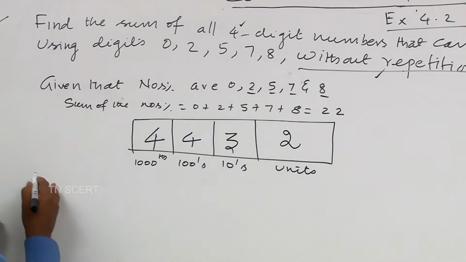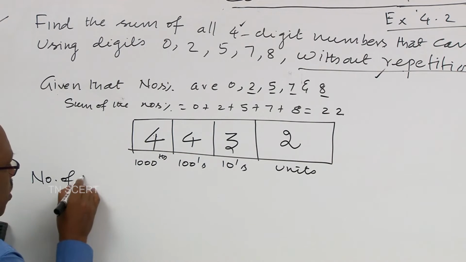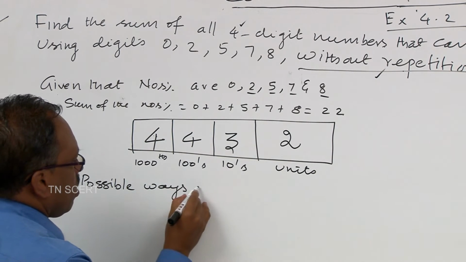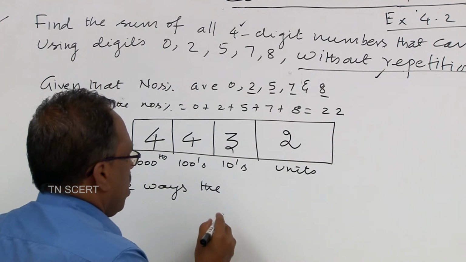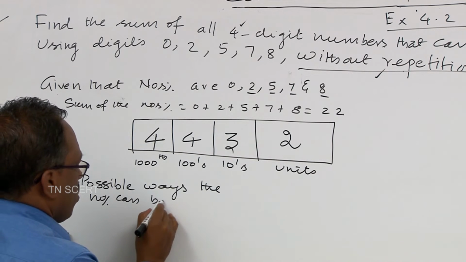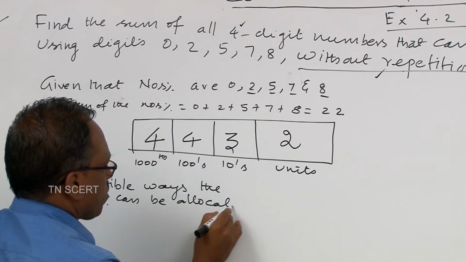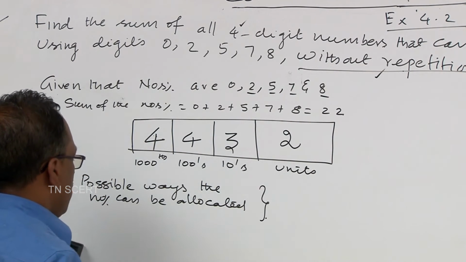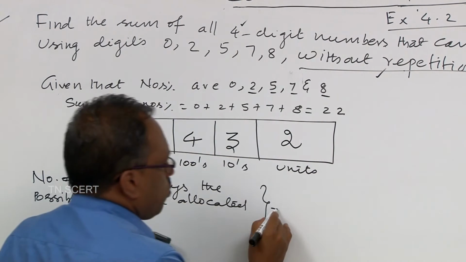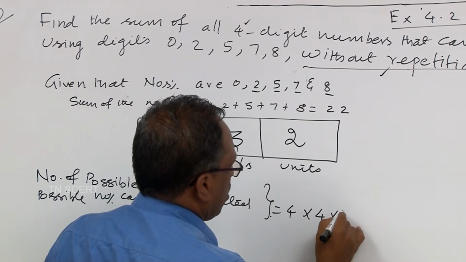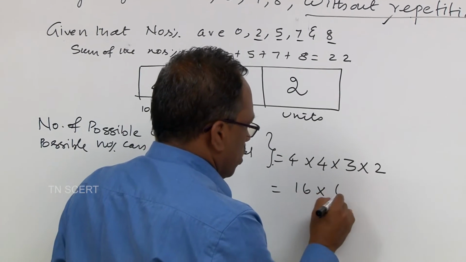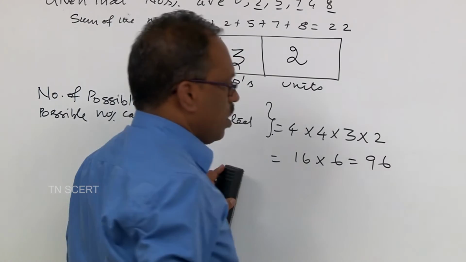So the number of possible ways the numbers can be allocated is 4 into 4 into 3 into 2. 4 4s are 16, 3 2s are 6, it is 96 ways.